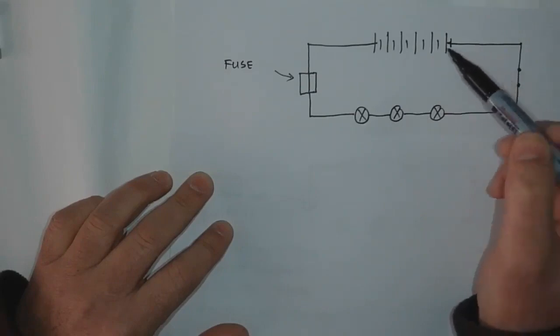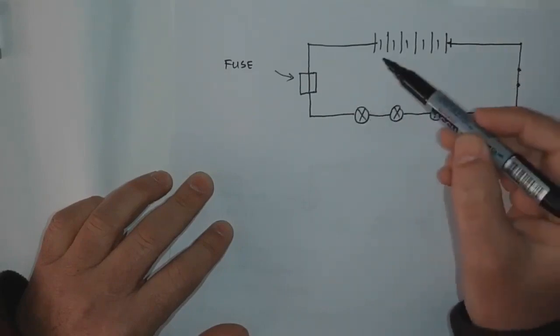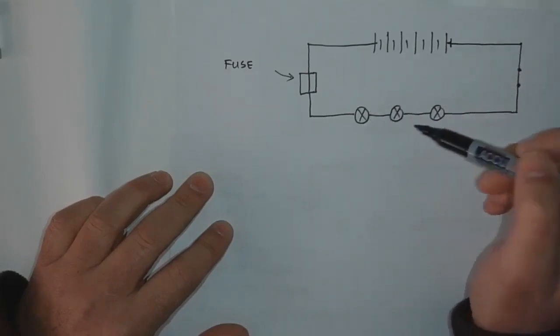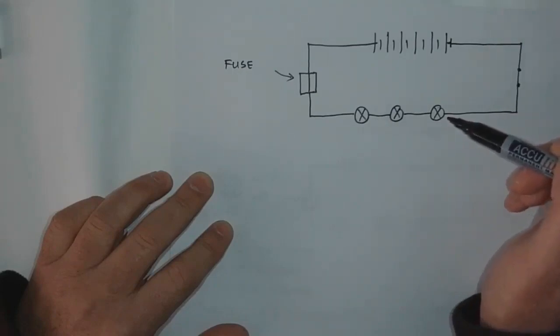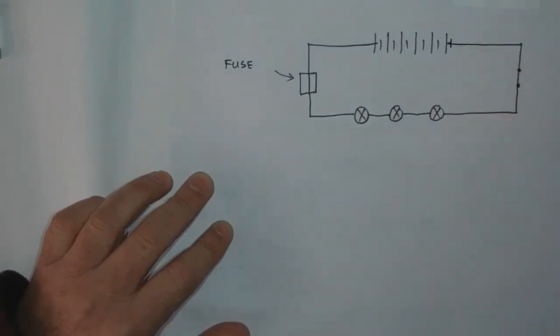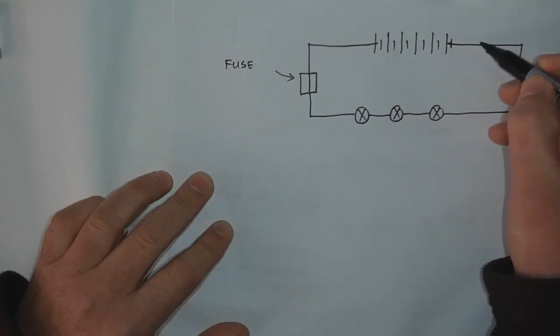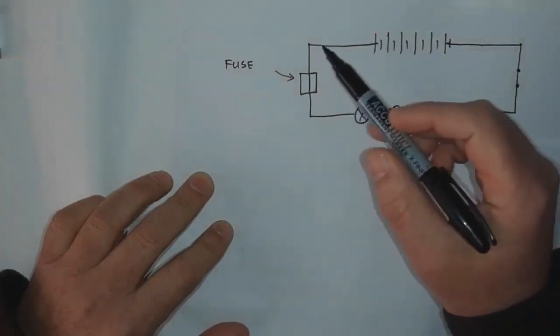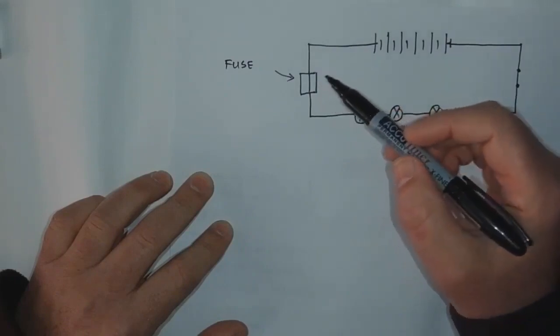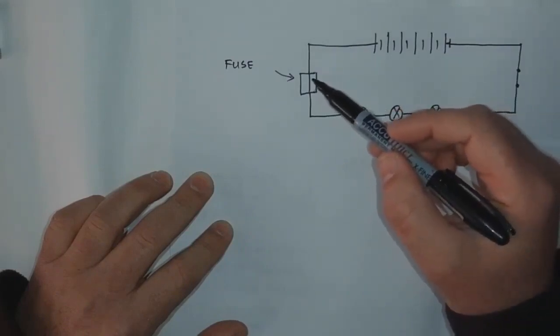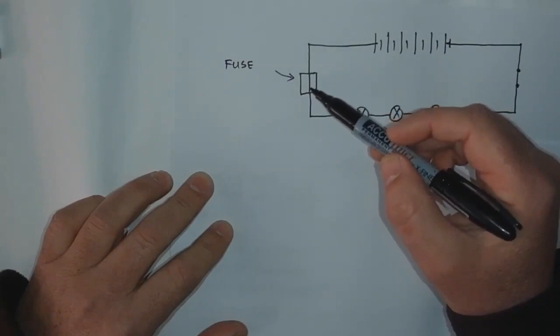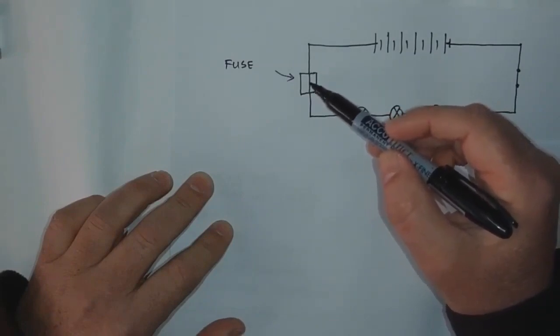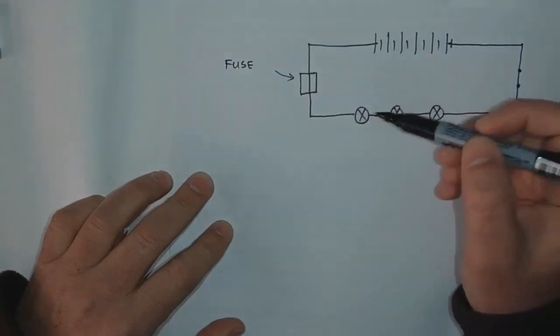So in this example that I've drawn here, you can see I've got many cells there. There's 3 globes here. If we keep on adding cells in series, then the total current will also increase. And then at some stage it will exceed the maximum amount of current that the fuse can carry, and then the fuse will burn off.